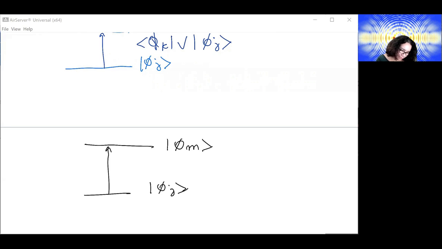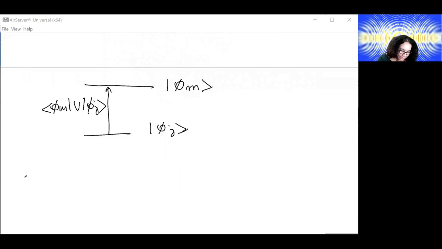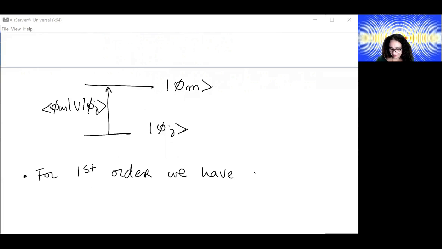You have a transition from here to here, and you have a coupling phi m V phi j, right? So for both cases, especially when we discussed the probability of the state remaining the same, we have set lambda equal to 1. This is tricky. You can call me someone very sloppy because it looks very sloppy.